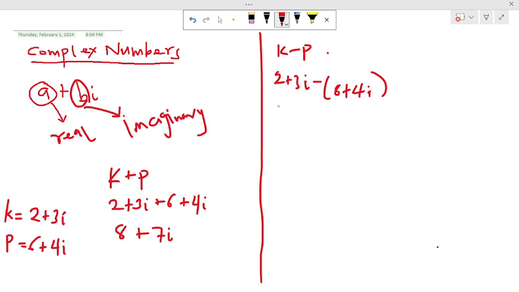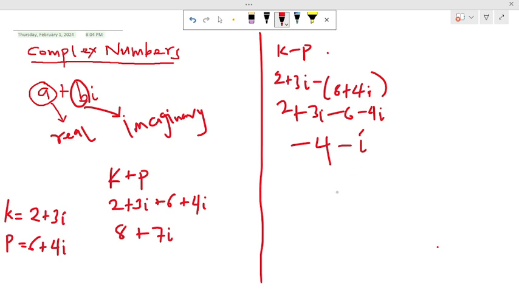So we are going to get 2 plus 3i minus 6 minus 4i. Then we get the final answer to be negative 4 minus i.